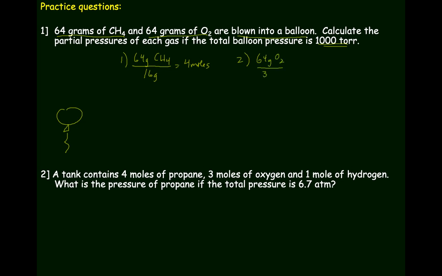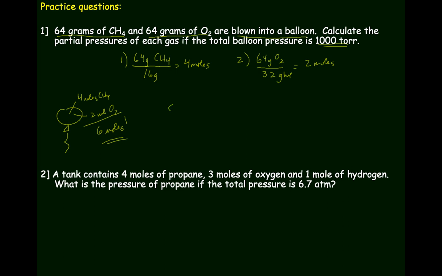We'll divide by 32, which is your grams per mole. If not, you've got to research how to do that. And then that will be 2 moles. So in the balloon, I'm going to have 4 moles of CH4 and 2 moles of oxygen for a total of 6 moles.